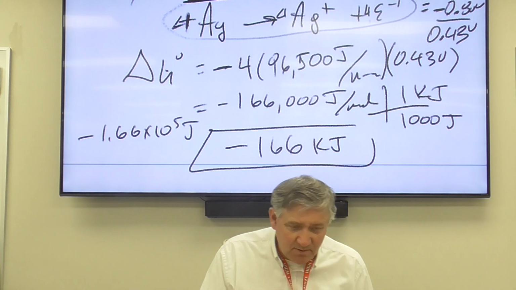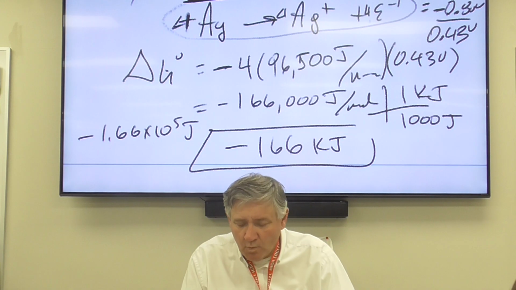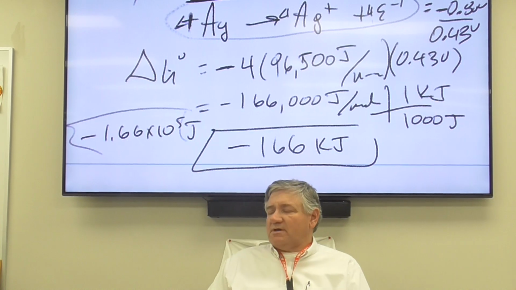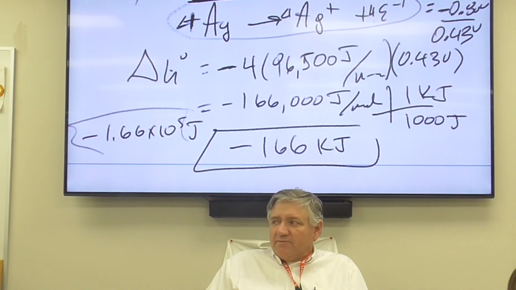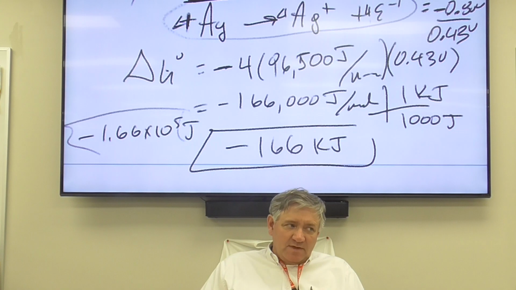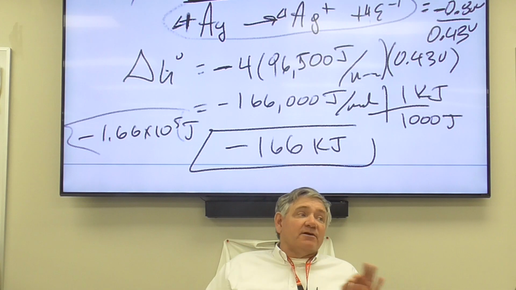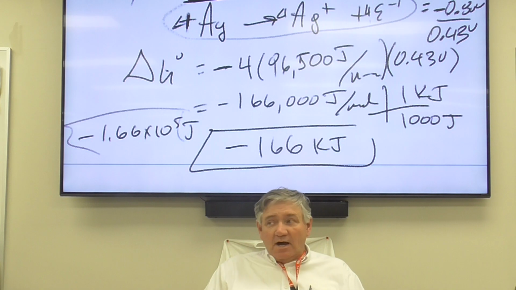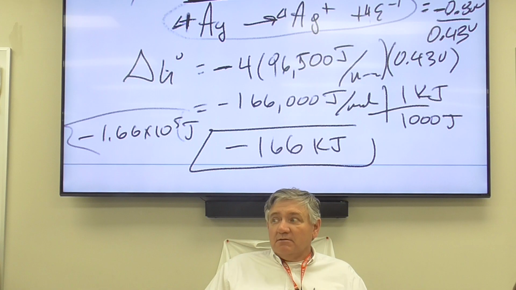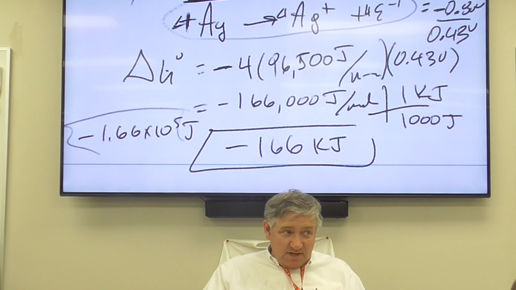But here's what I beg of you. Tell me what this is. If you just write negative 166 times 10 to the 5th, whatever that number is, and you don't put units on it, I have no idea if you think that's in joules or kilojoules. I do not care which one you do. I can't begin to tell you how much I don't care. I would get used to working in kilojoules because that's what it's usually expressed in.